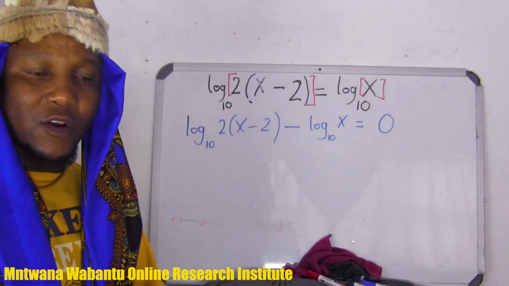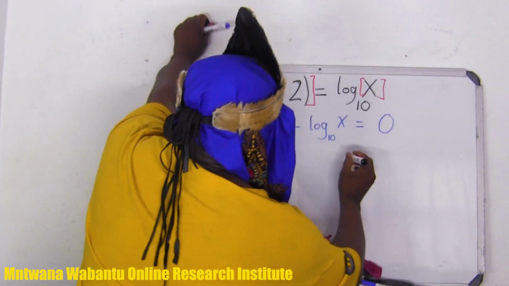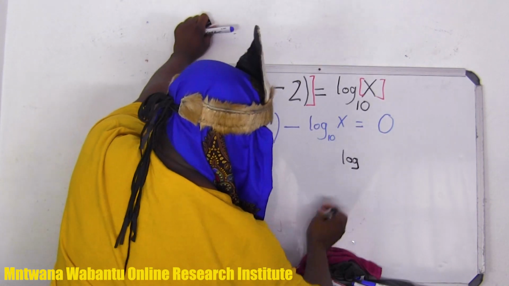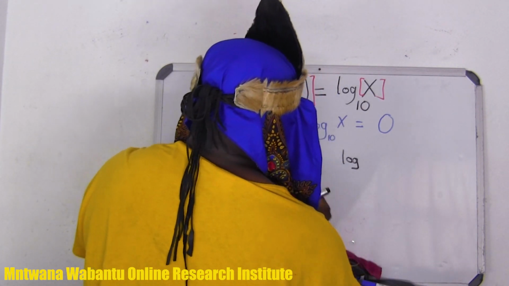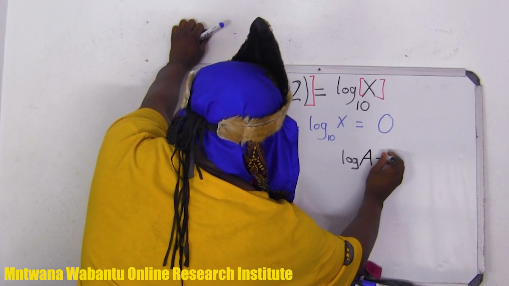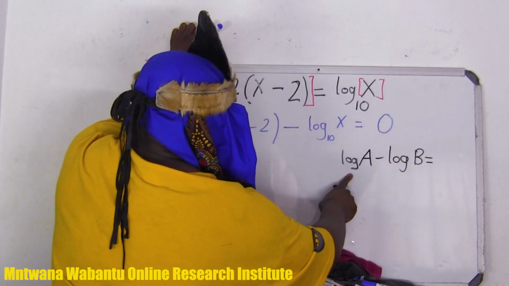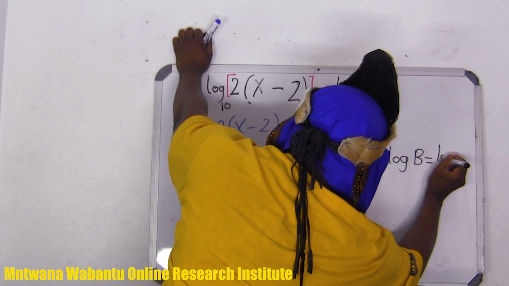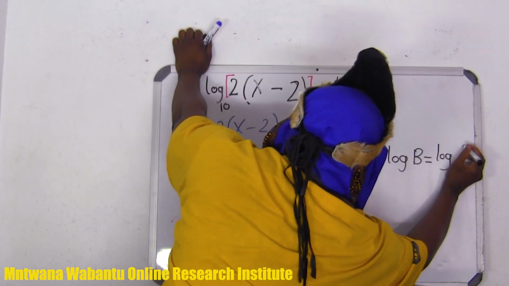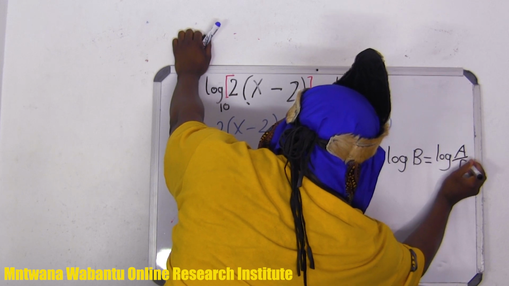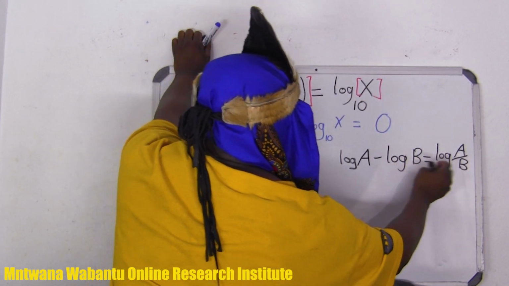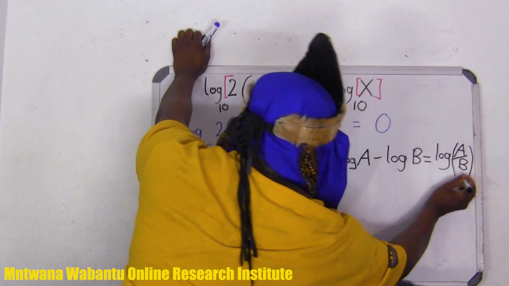But remember, from the law of logarithm, if I have a log a minus log b, this is the same as saying log of whatever you have here. If it's minus, you divide. So you take log of a, divide by b. Let me clear here.